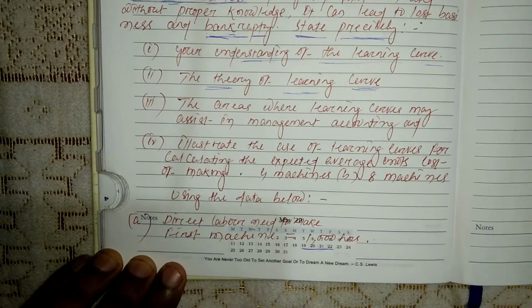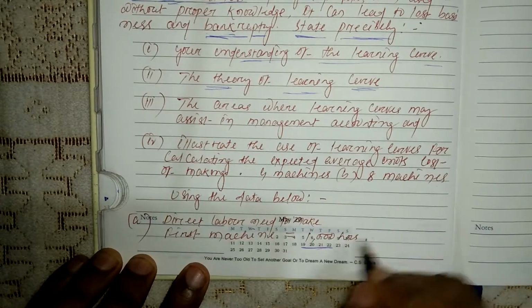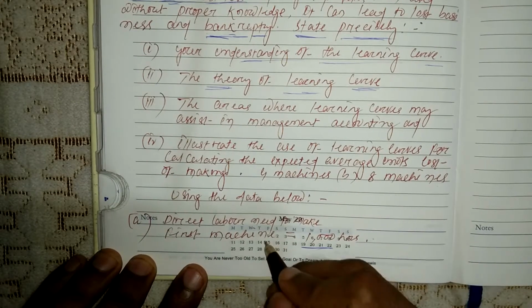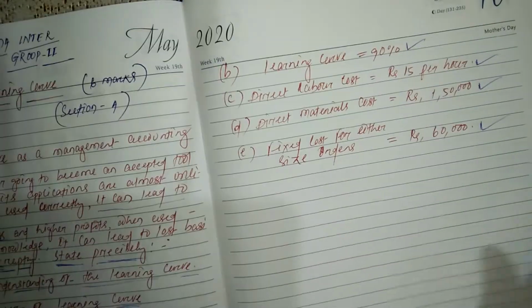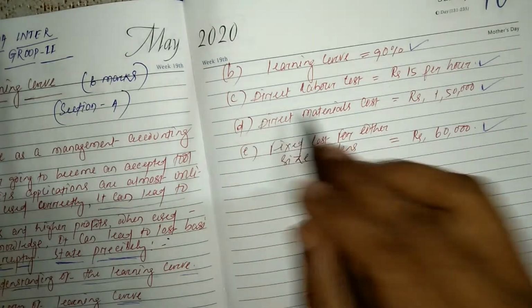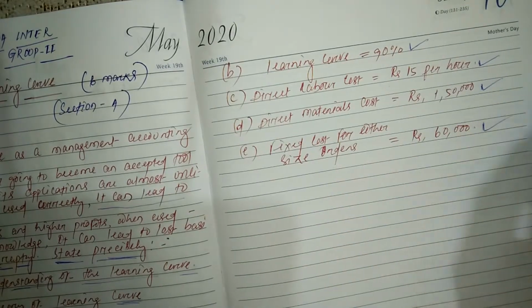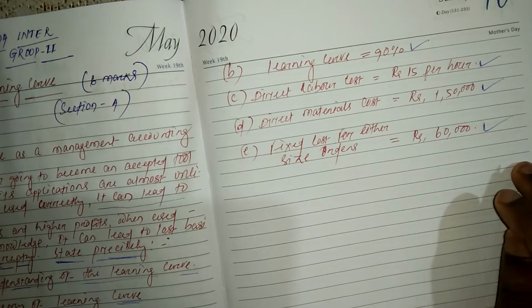Read the question carefully. Direct labor needed to make the first machine is 1000 hours. Learning curve 90%. Direct labor cost 15 per hour. Direct material cost 1,50,000 and fixed cost for either size order rupees 60,000.